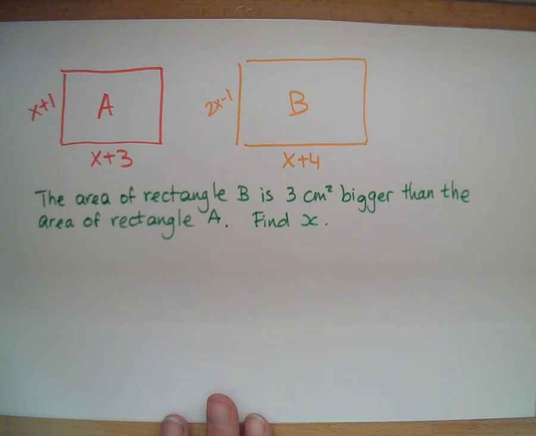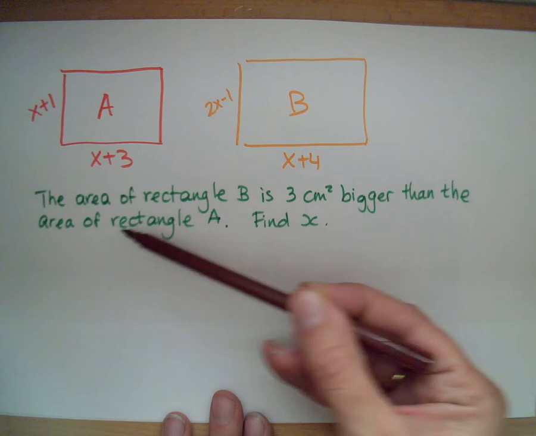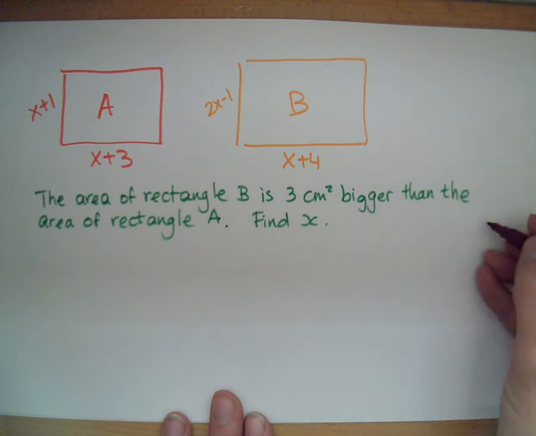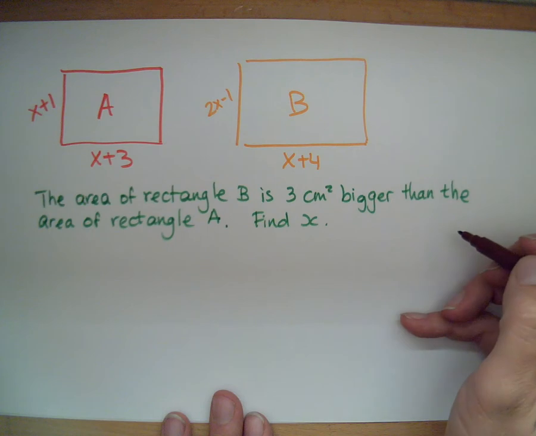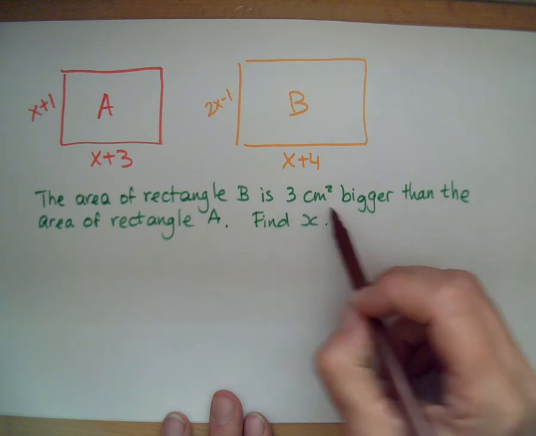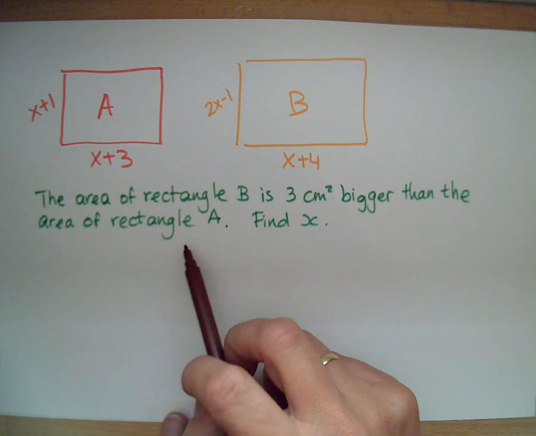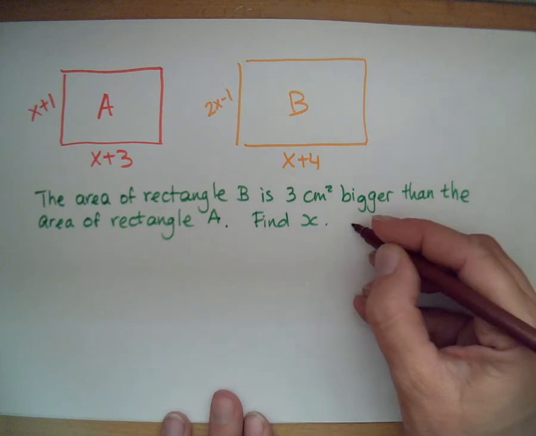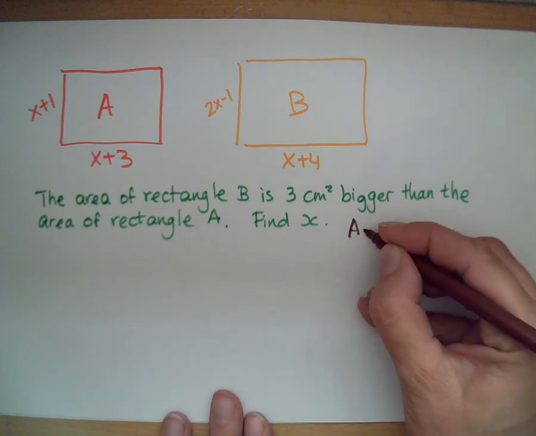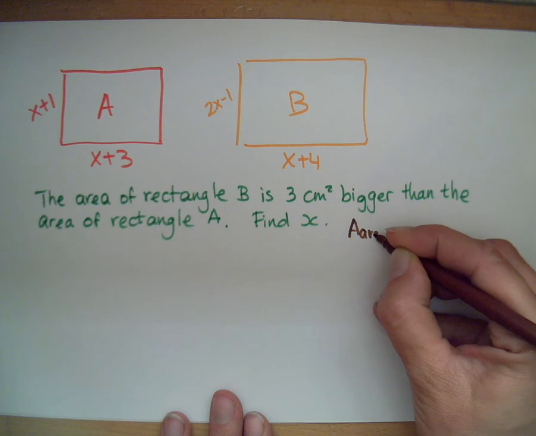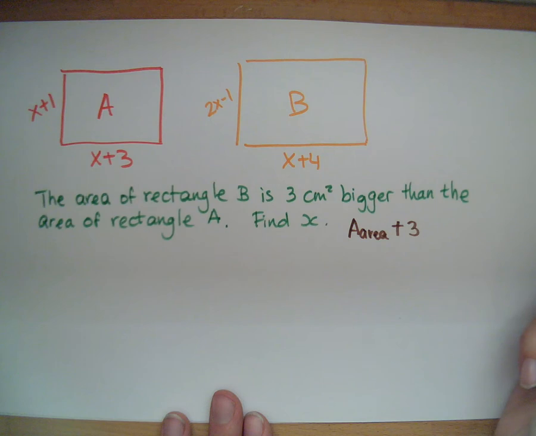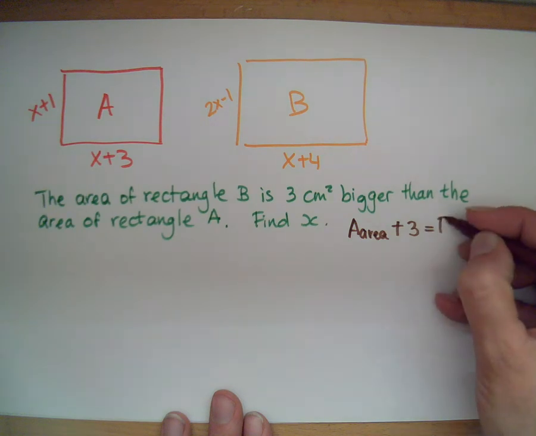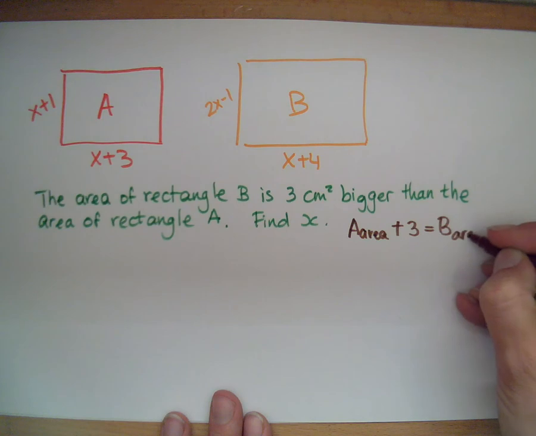So let me first translate what this sentence says into a very simple equation. The area of rectangle B is 3 square centimeters bigger than the area of rectangle A. So the area of A, plus 3 square centimeters, is equal to B's area.